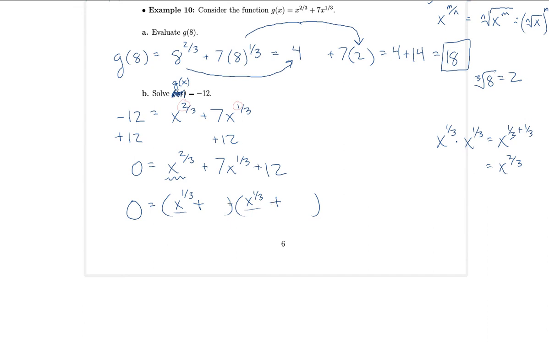So I'm going to put a 3 here and a 4 here. And let's check. 4 times x to the 1/3, that's our outside. 3 times x to the 1/3 is our inside. If we add them together, we make 7x to the 1/3. So that is a correct factorization. Once we have that, we can then set each one equal to 0.